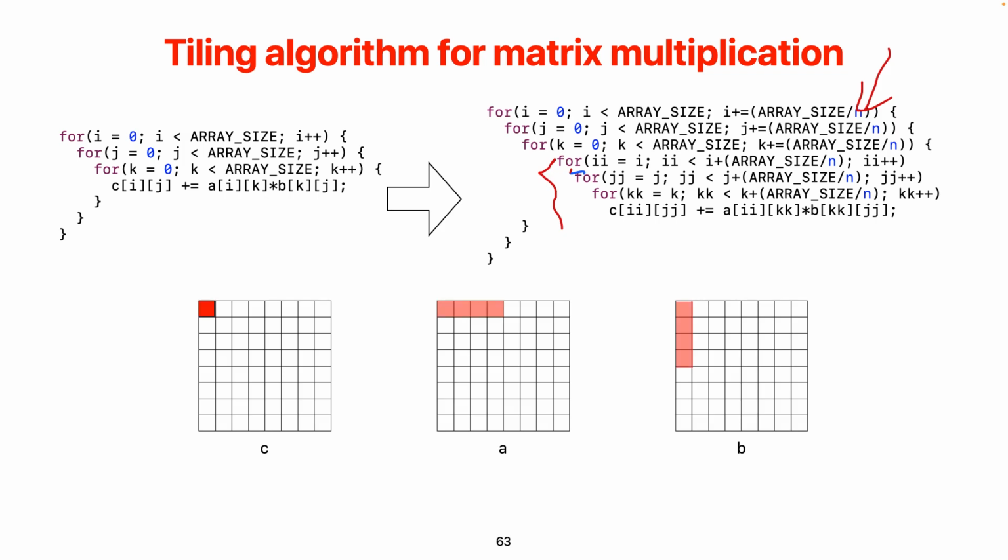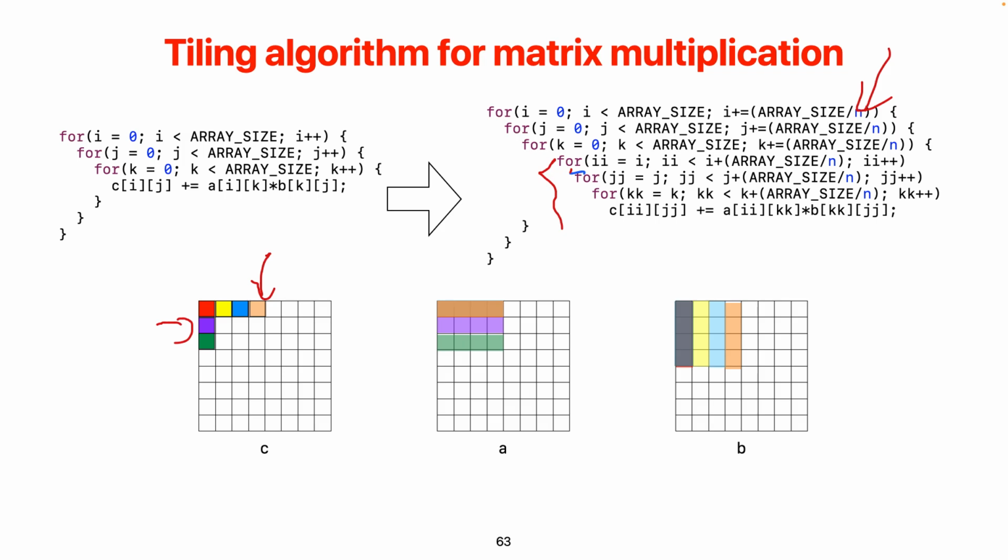So for example, instead of going all the way to the end of a row, I only access a chunk within a row or a chunk within a column. And this applies to all the rows and columns that I need. So here, when I compute C, I also restrict the size of data that I would visit within the same chunk size, right?